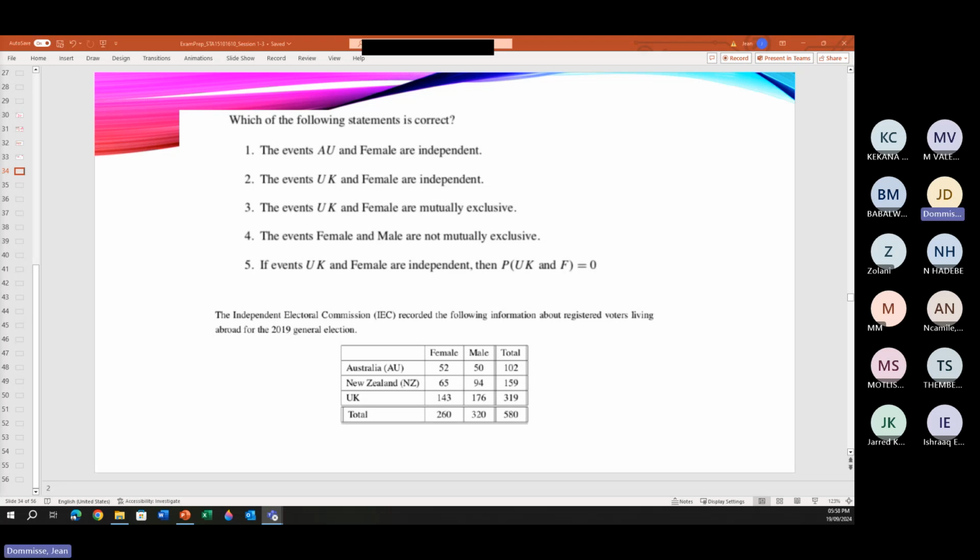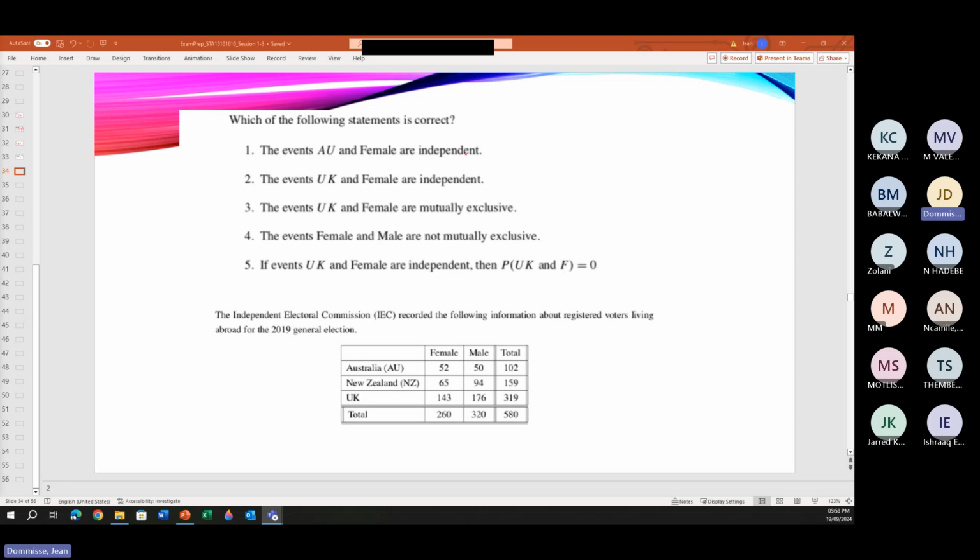Okay, so if we look at this one, we get information and they ask us if events AU, okay, Australia, and female are independent.